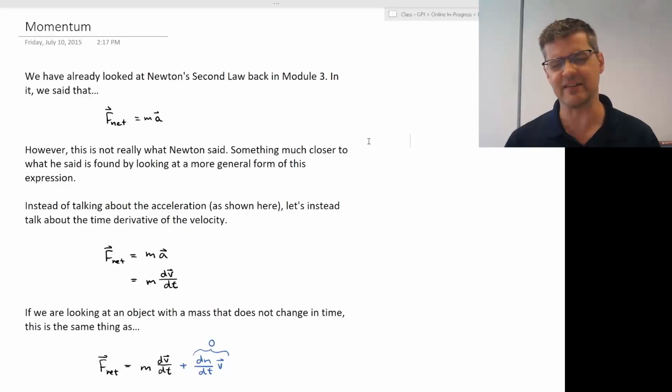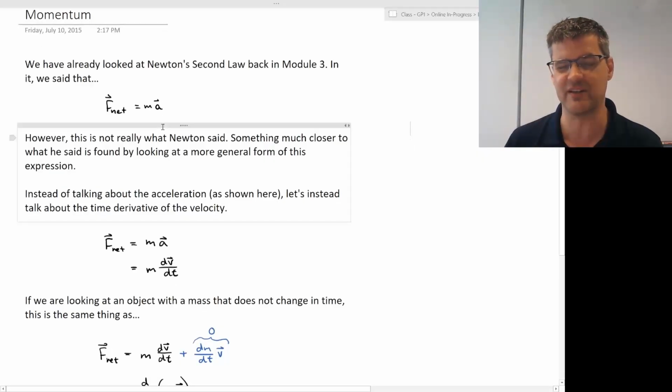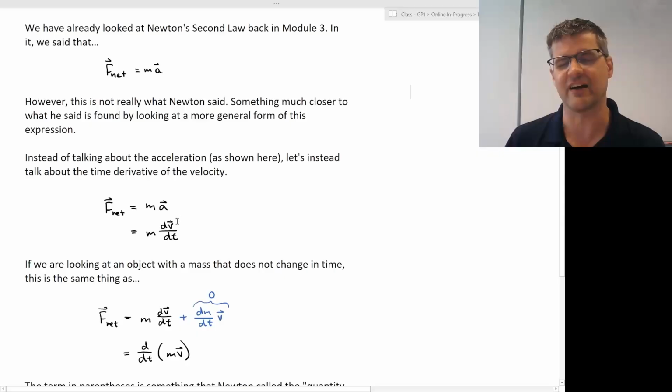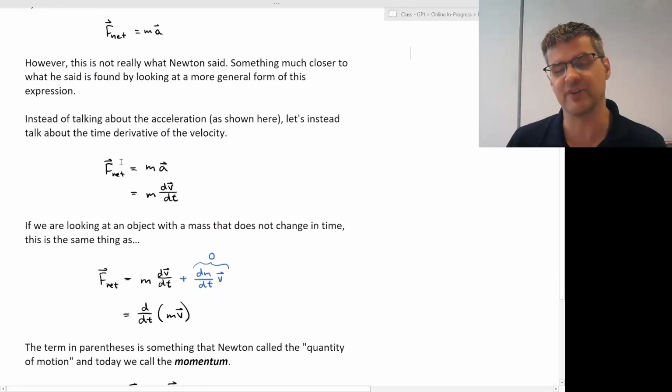So instead of talking about acceleration with this a that's shown here, let's instead talk about velocity and the change in velocity with respect to time, which is what acceleration is. So if you believe that the net force on some object leads to that object's acceleration, the acceleration is just the change in velocity with respect to time, so it can be written slightly differently.